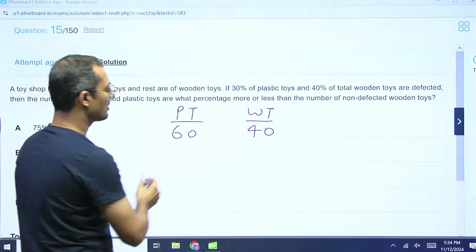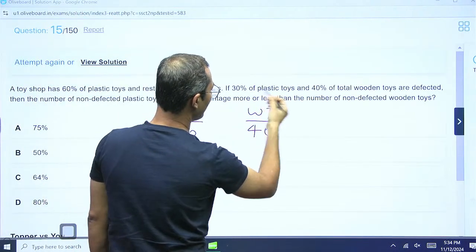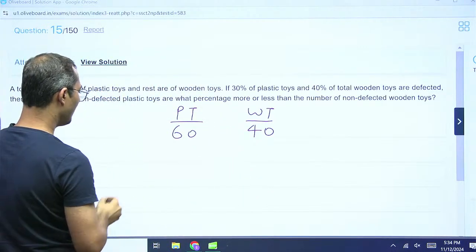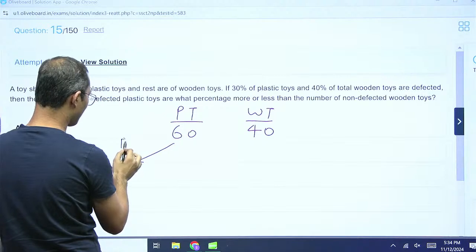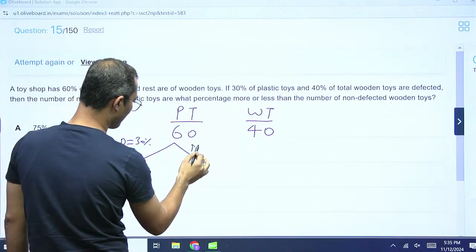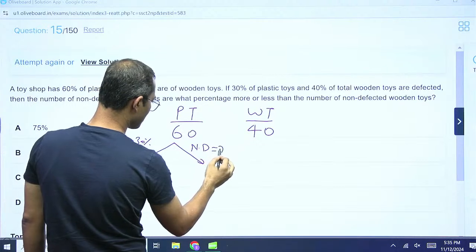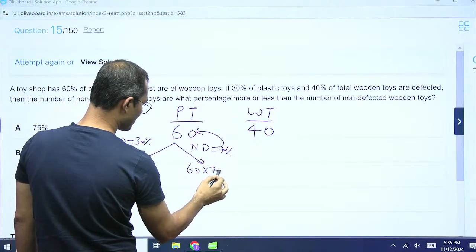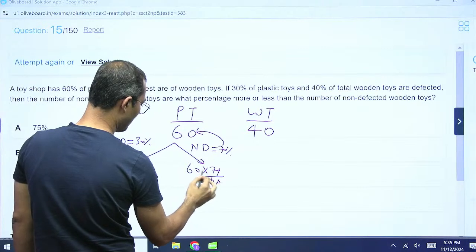Now, 30% of the plastic toys and 40% of the wooden toys are defective. See, the defective are 30%, so non-defective how much? 70%. 70% of 60 how much? 42.